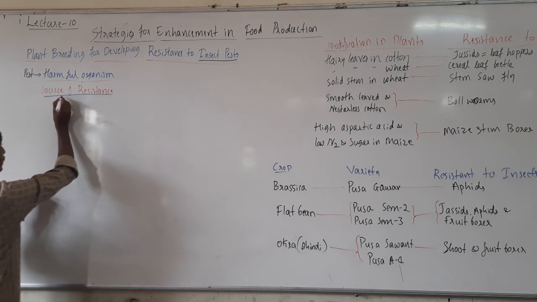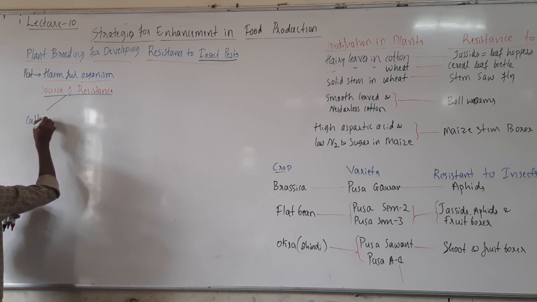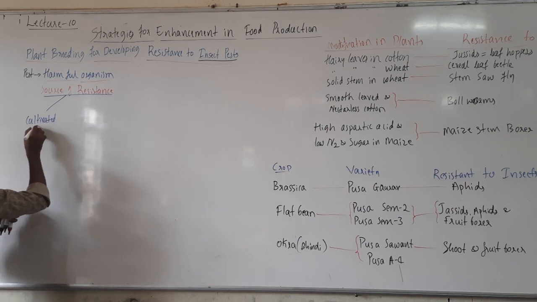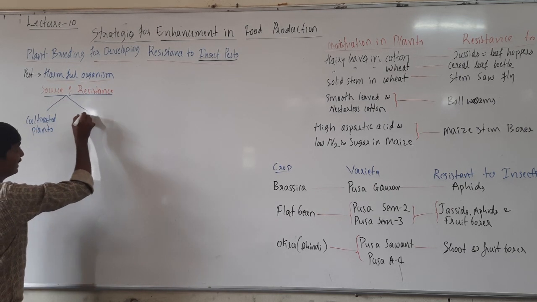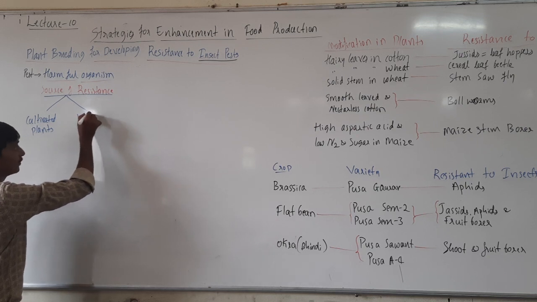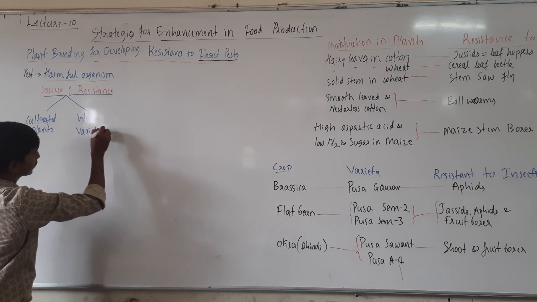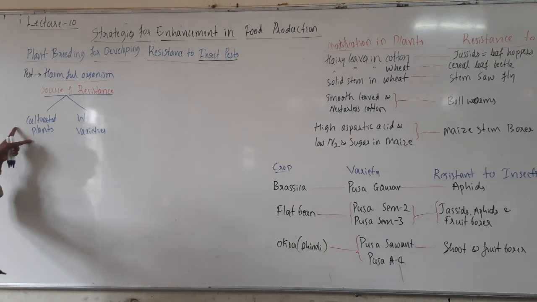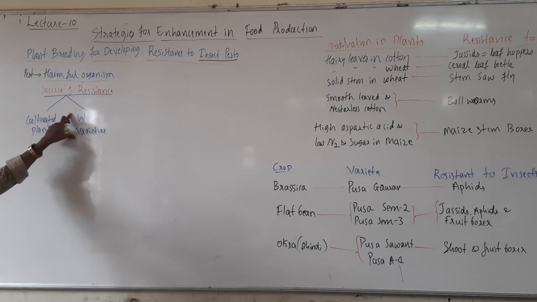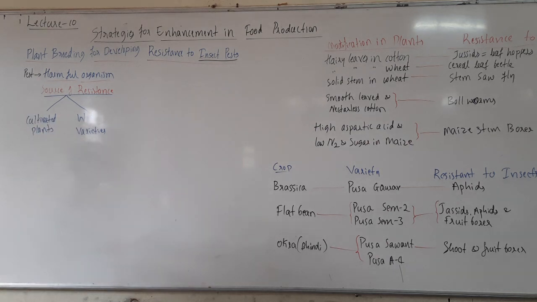The source may be either cultivated plants or wild varieties. That means the resistance genes may be taken from other varieties of cultivated plants, or from wild varieties or wild relatives of these cultivated plants.